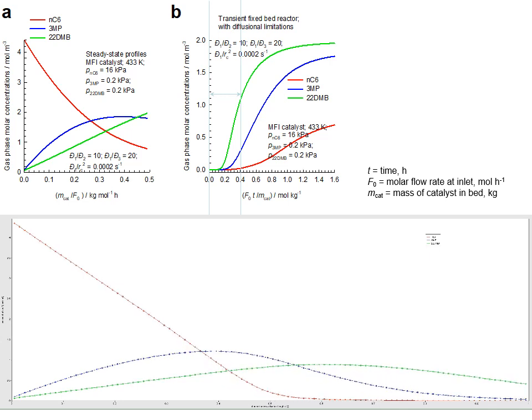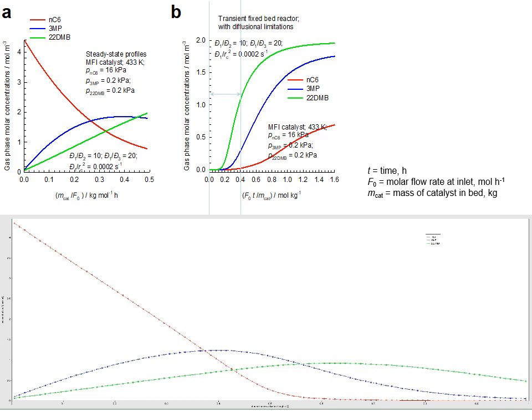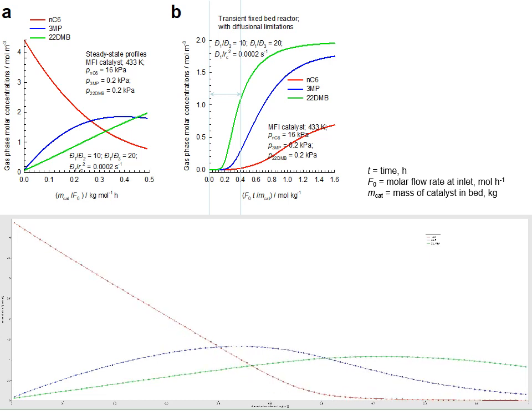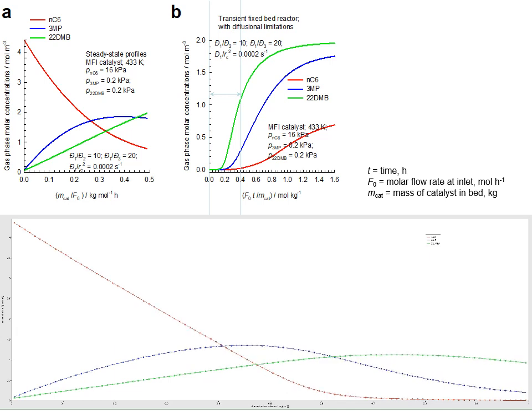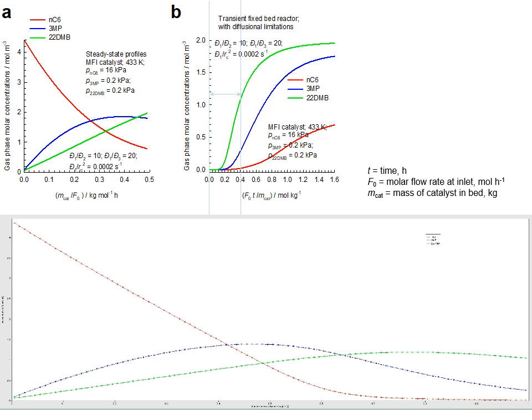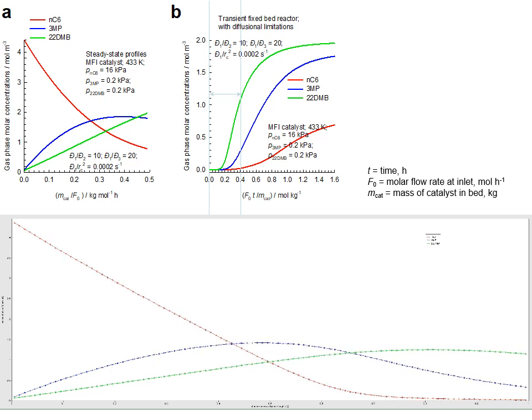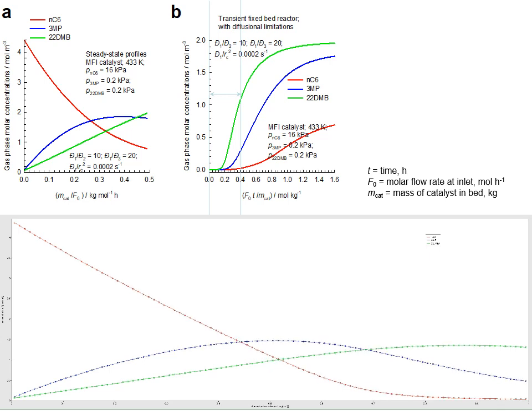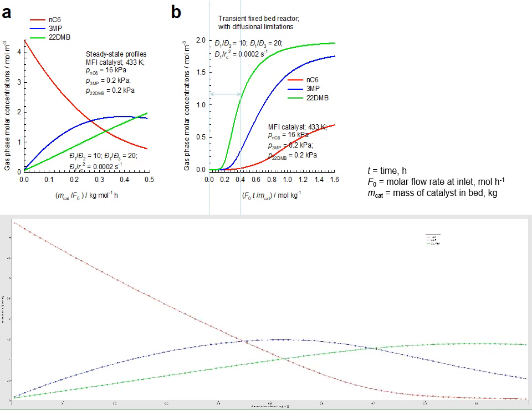At this stage, no 3MP has left the reactor, which is the blue line, and we see at this stage 3MP starts to leave the reactor. No normal hexane has managed to reach the exit of the fixed bed at this stage of the transients.